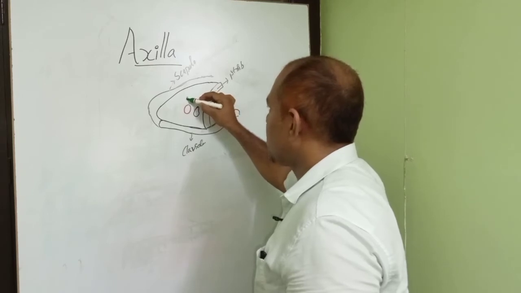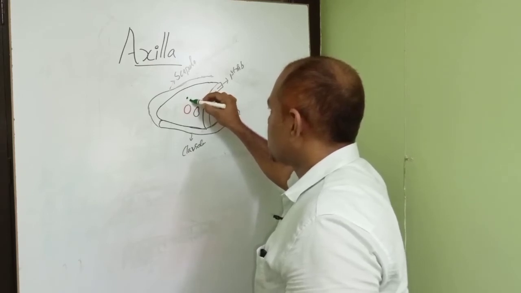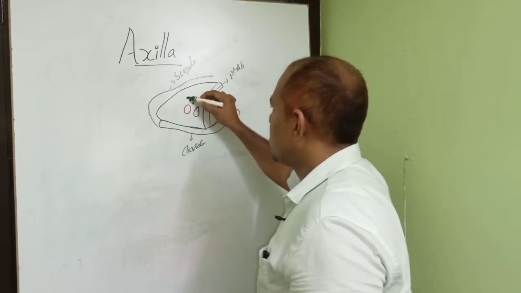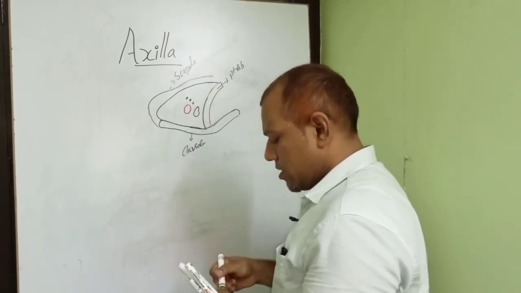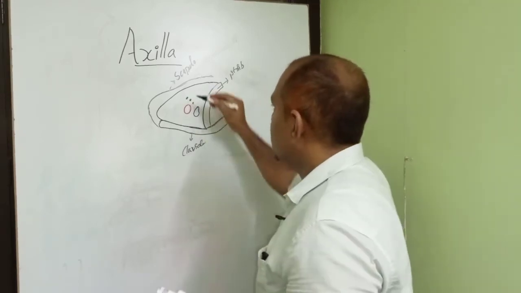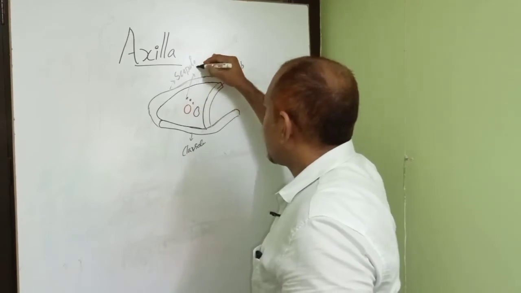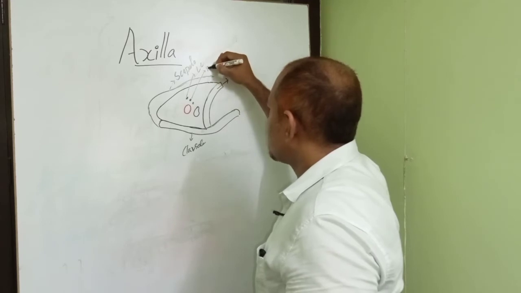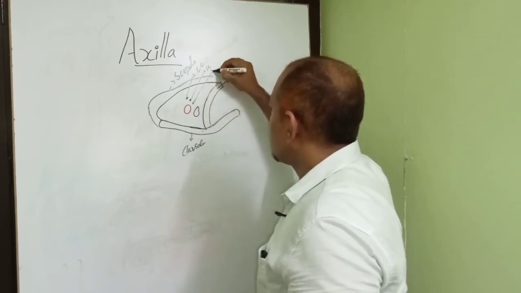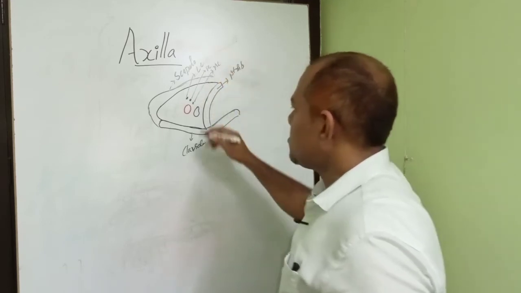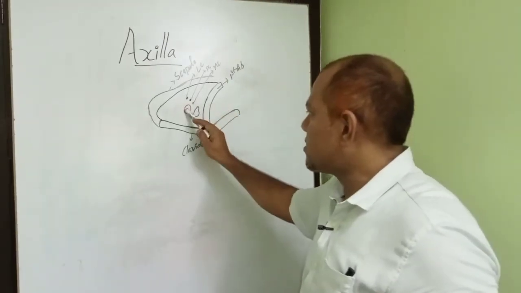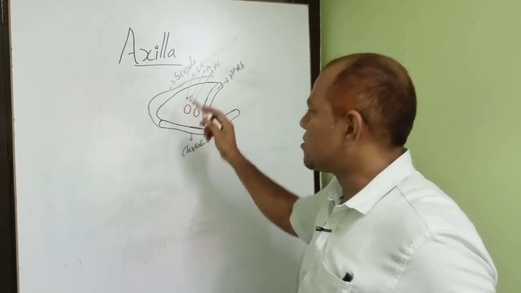Two are running posterior to that, another one is running medial to that. You can remember: this is the lateral cord, this is the posterior cord, and this is the medial cord. So through the apex pass the axillary artery, axillary vein, and three cords of the brachial plexus.